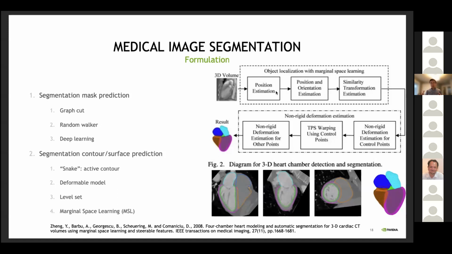Based on these three estimators or detectors, it can detect the region of interest first, then use some non-rigid deformation and form the shape prior towards the targeted locations and achieve a very nice segmentation. Here you can see a four-chamber heart segmentation from 3D CT.